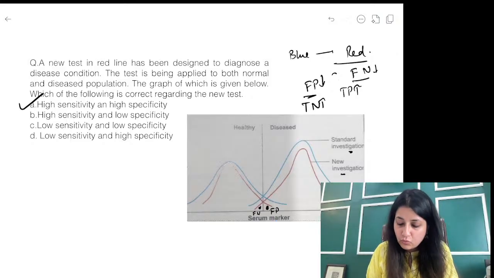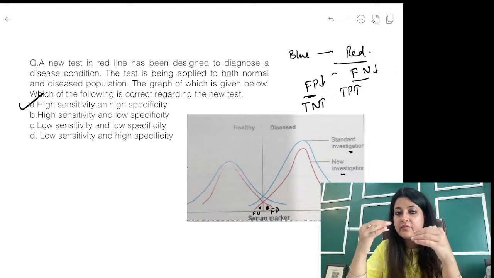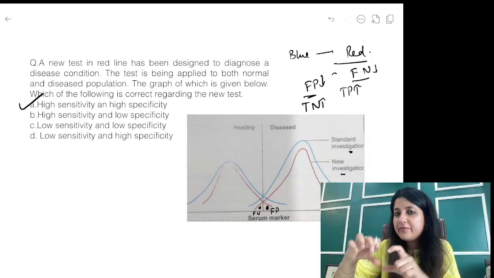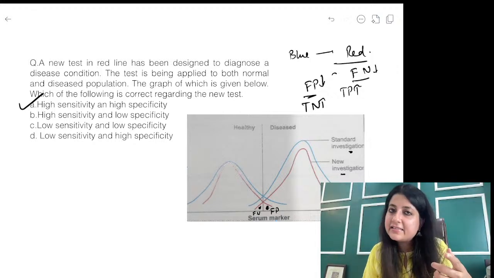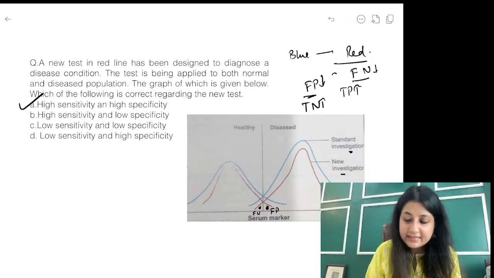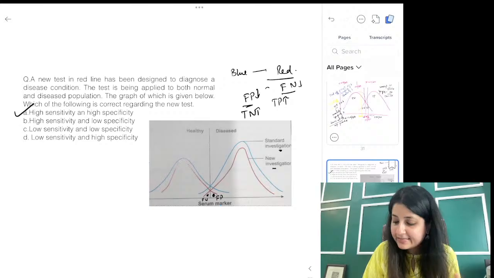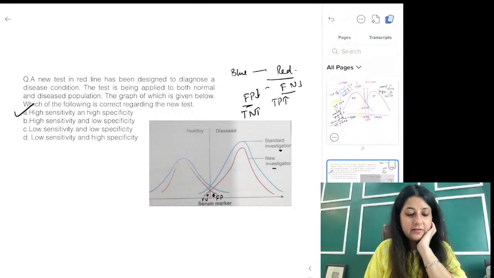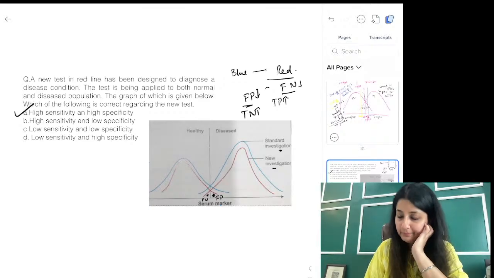You just have to note this portion. If you look at this portion from blue to red, in red the false positives and false negatives decreased. That means TP and TN increased. So what has increased? Sensitivity and specificity. So what is the answer over here? High sensitivity and high specificity. Okay?